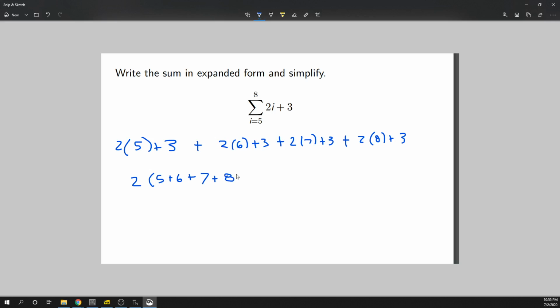You don't have to do it this way. I'm just doing it this way because it's easier without a calculator. And so I have 1, 2, 3, 4 threes. That's 12. And so here I get 2 times 13, or 26.